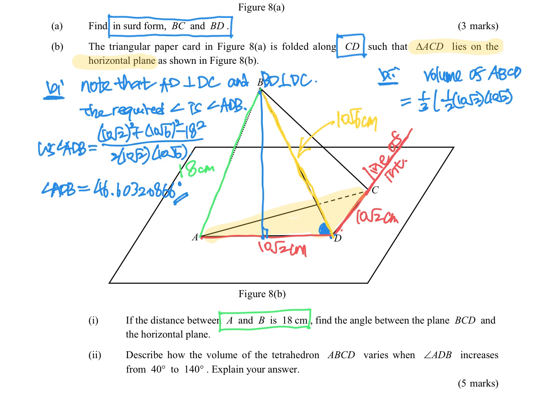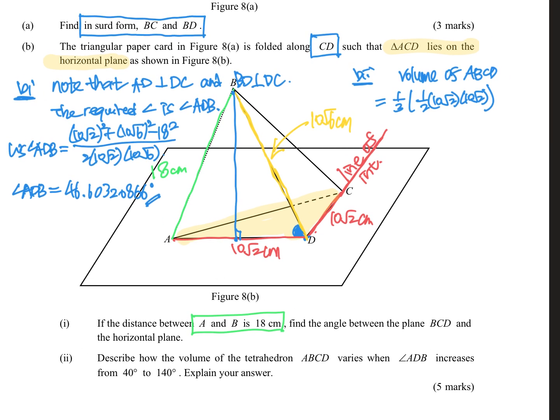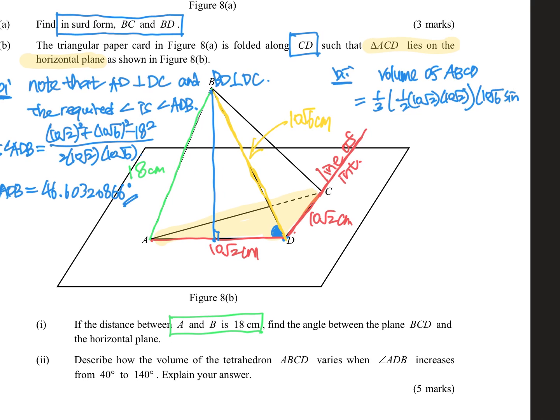So just 10 square root 2 times 10 square root 2 and then divided by 2. Right, base times height divided by 2, not 1/2 AB sine C. And then the height would be 10 square root 6 times sine angle ADB.